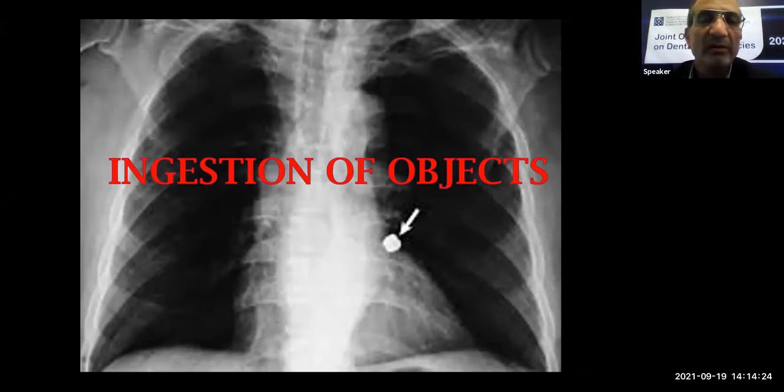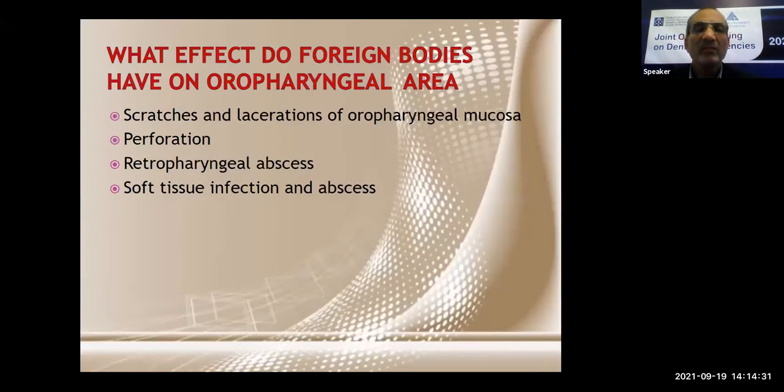Now we talk about the ingestion of objects. We want to know what the effect of foreign bodies is in the pharyngeal area: scratches and laceration of pharyngeal mucosa and perforation, especially with sharp and cotton material.